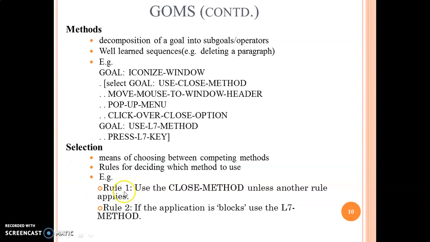So it provides him with two rules: rule 1, use the close method unless another rule applies, and rule 2, if the application is blocks, use the L7 method. In case of selection of going to the airport, we can say walking is cheaper but tiring and slow, and taking a bus is a bit complicated task to reach.